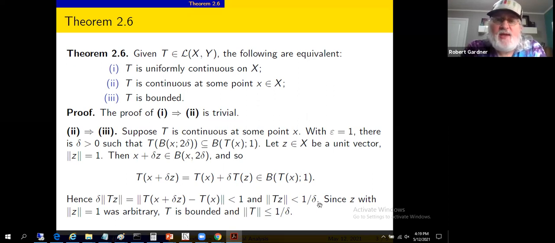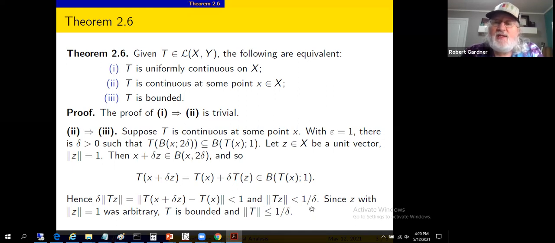So playing around with the epsilons and deltas, knowing continuity says for all epsilon, we can find deltas, so we can pick a particular epsilon. We were given continuity, and we're trying to show boundedness. So what we have is norm of T of z is less than 1 over delta, where z was an arbitrary unit vector. Well, we define the norm of T to be the supremum of all of these things, where z was a unit vector.